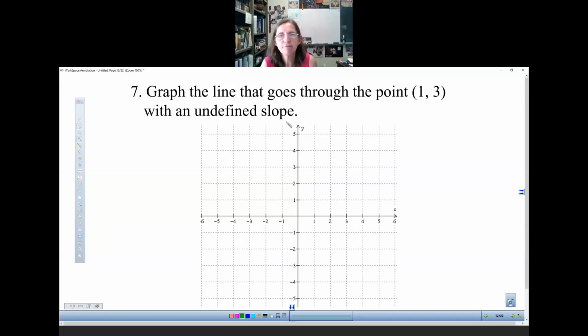So it is a vertical line. Okay, so the undefined slope tells me I have a vertical line. So a vertical line means it's going to go up and down, right? So we're going to plot the point 1, 3. And literally on MyLab Plus, you would probably plot a second point. And what's going to happen is you get this super nifty line, and it goes just like this.